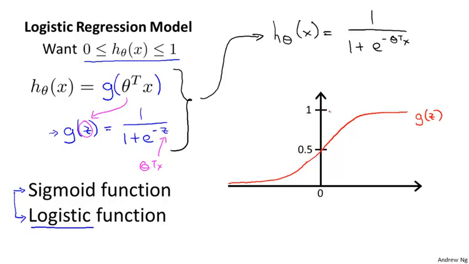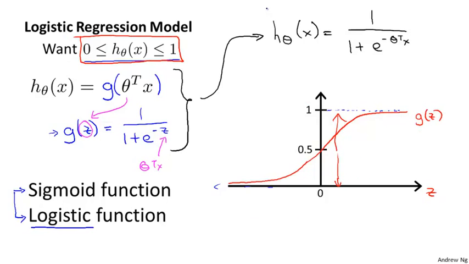You notice that the sigmoid function asymptotes at 1, and it asymptotes at 0 as z, I guess the horizontal axis is z, goes to minus infinity, g of z approaches 0. And as z goes to infinity, g of z approaches 1. And so because g of z outputs values that are between 0 and 1, we also have that h of x must be between 0 and 1.